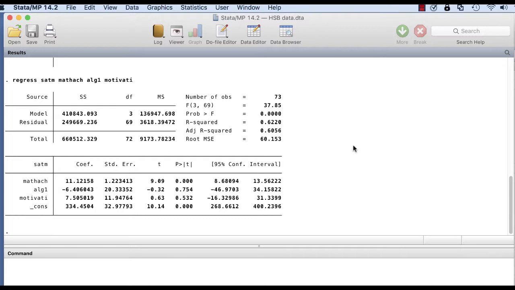is explained by these three variables, or this linear combination. Then we have the adjusted R-square. The adjusted R-square is R-square that's modified or adjusted for the number of predictor variables.